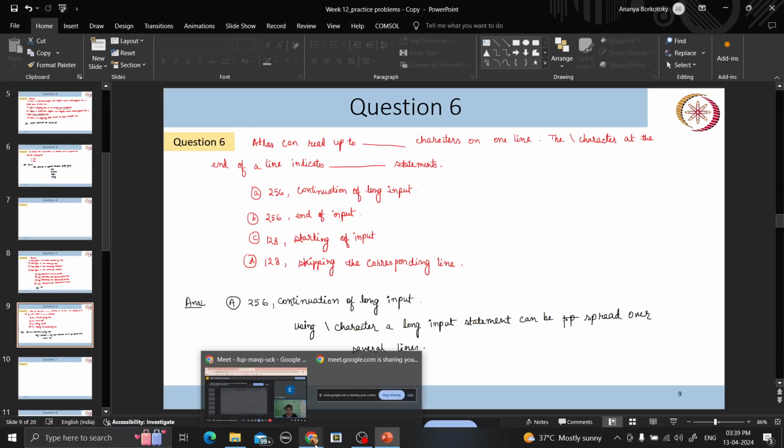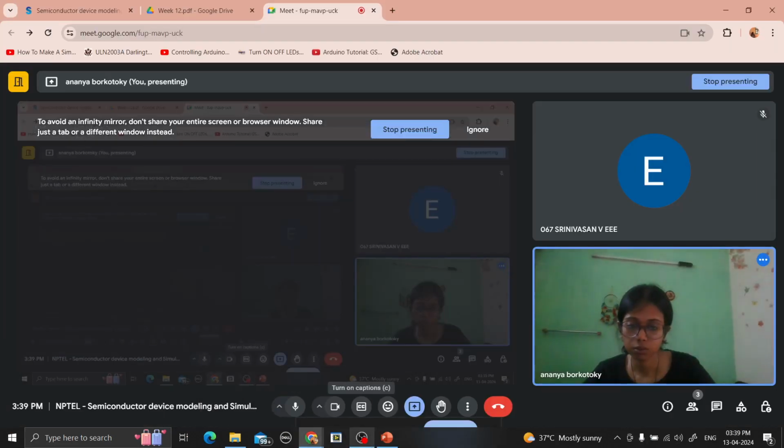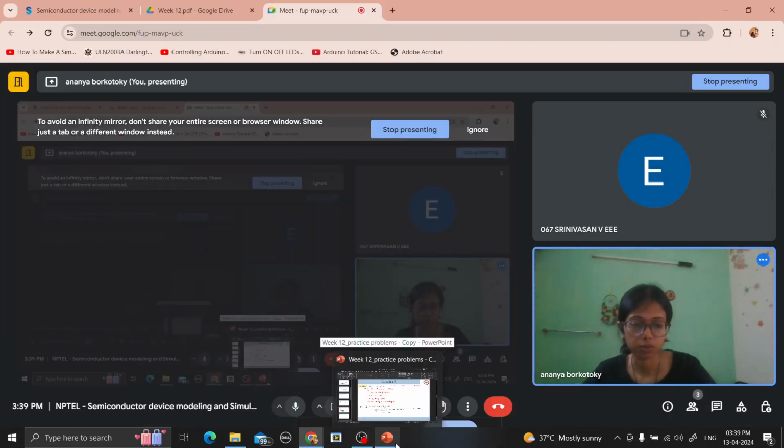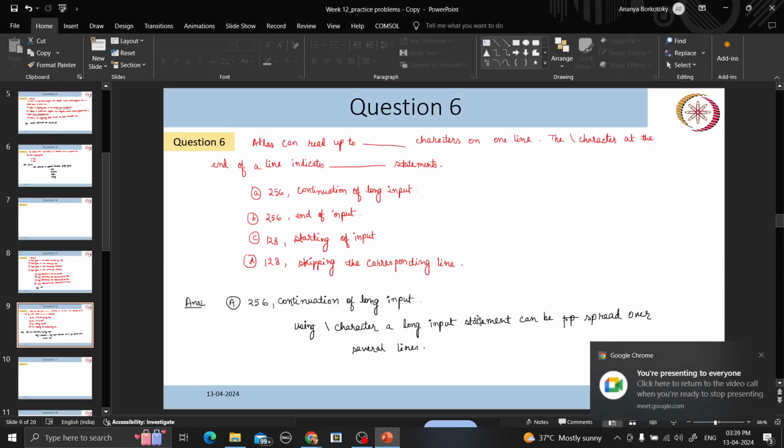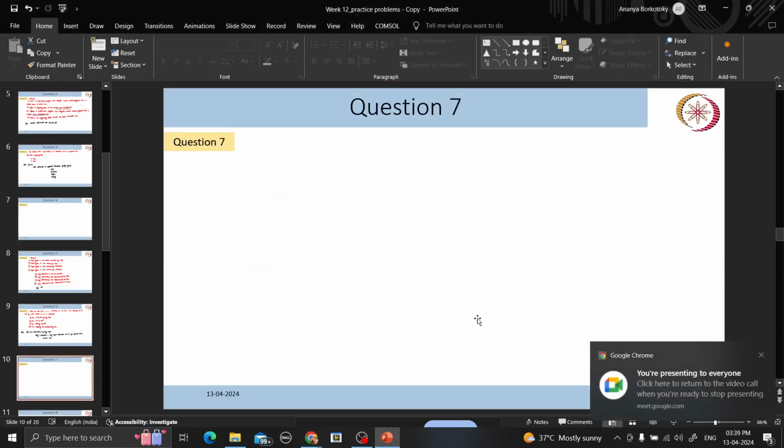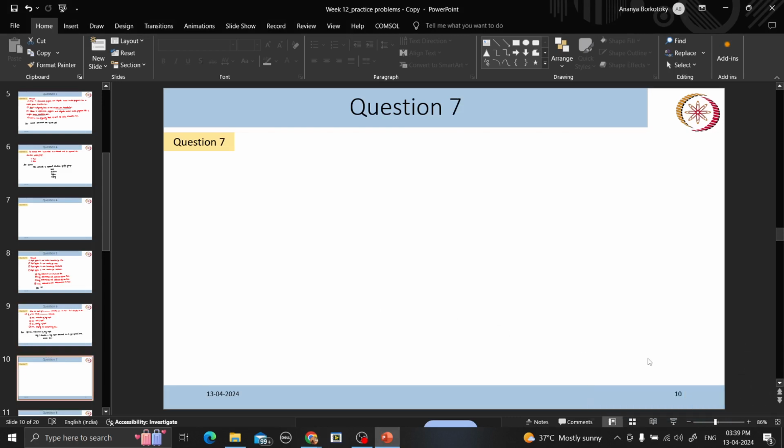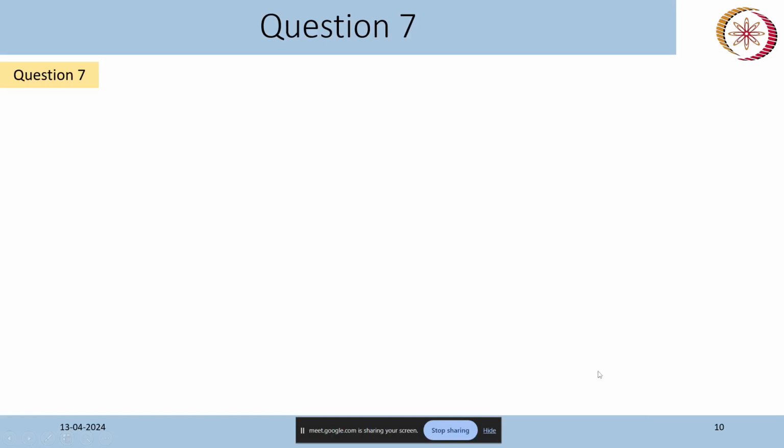So this is question 6. Let's go to the next question. Structure files can be plotted by using dash in Atlas.